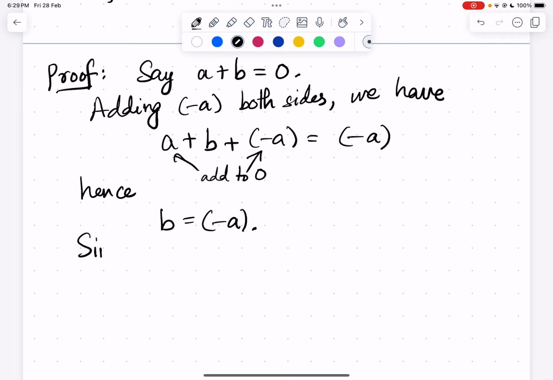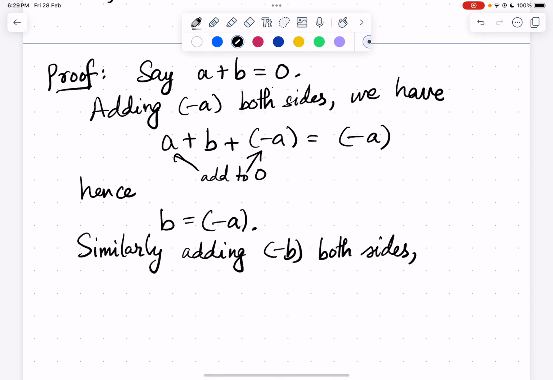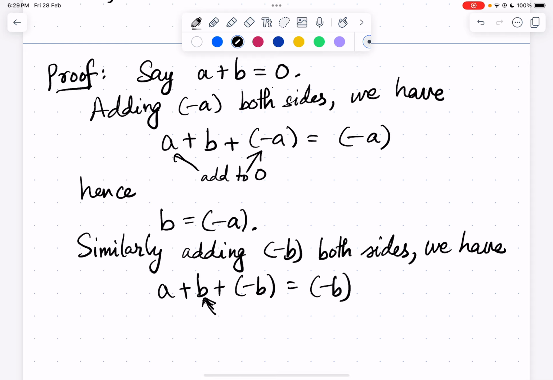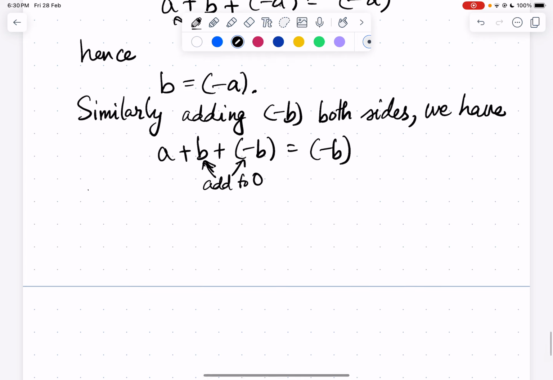Similarly, adding minus b both sides, hence a equals minus b.